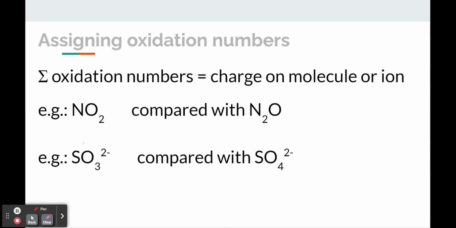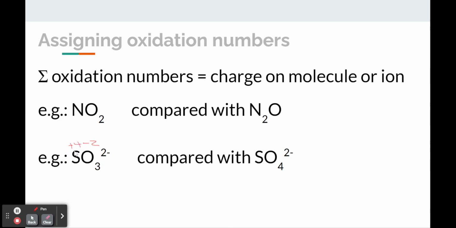Another example, comparing SO3 2 minus, the sulfite ion, with SO4 2 minus, the sulfate ion. Oxygen is going to be -2 oxidation number. Oxygen being -2 3 times, that gives me a -6 total. So whatever the sulfur's oxidation number is, it has to add with -6 to end up at -2, which makes it +4.